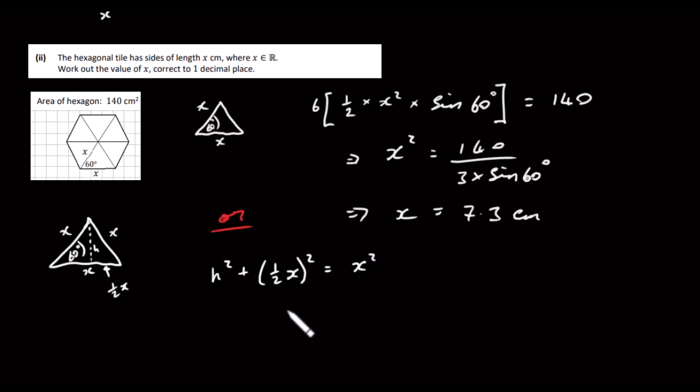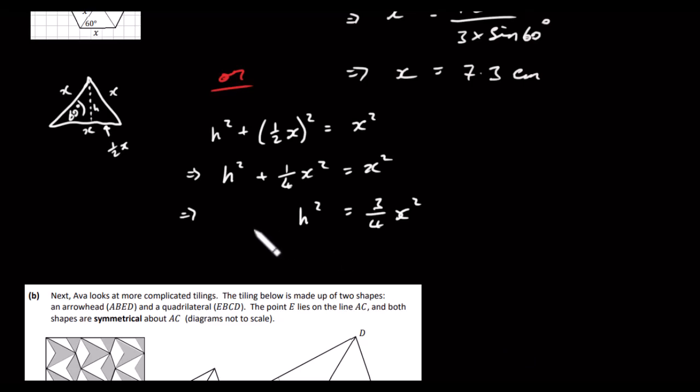So just get h on its own. h squared plus a quarter x squared is equal to x squared. That gives me h squared is equal to 1x squared minus a quarter x squared, which is three quarters x squared. And that finally gives me h is root 3 over 2 times x.